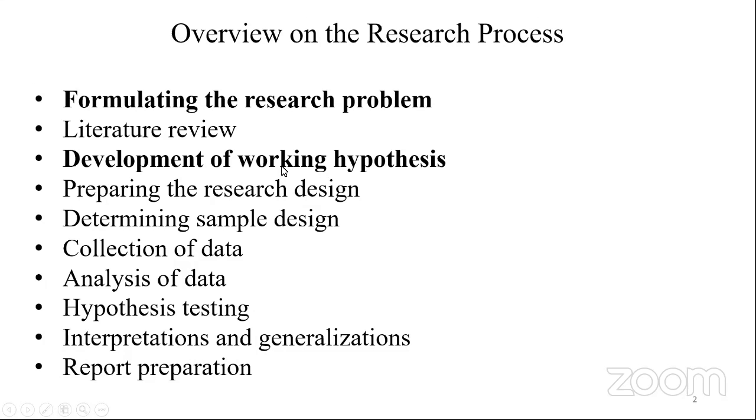To start a research project, the researcher must first select a problem that one wants to study and decide the general area of interest. That's the starting point. Like, I would say organic chemistry, and within organic chemistry, what is it that they want to study?